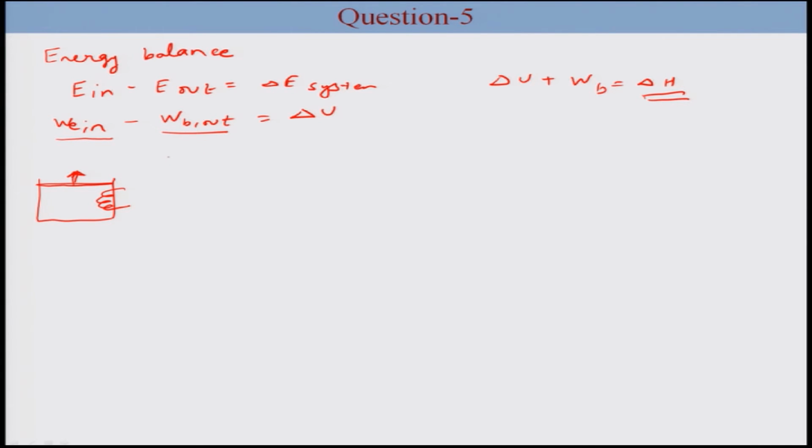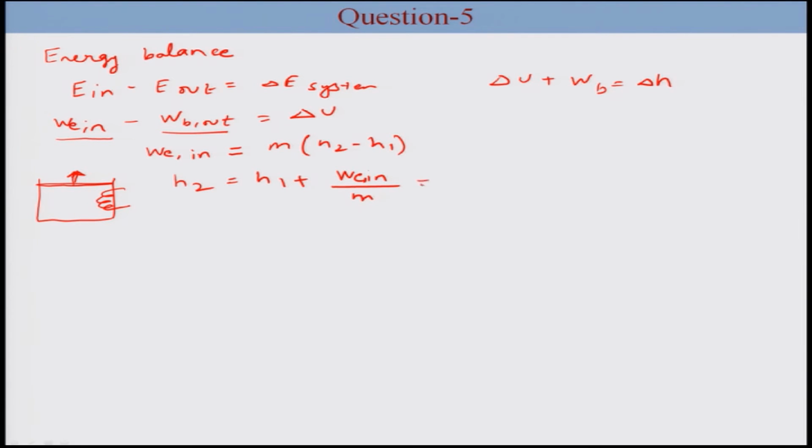From this, it is written as m times H2 minus H1, so this is delta H. From here we can calculate H2 is equal to H1 plus the electrical work given as input divided by mass.